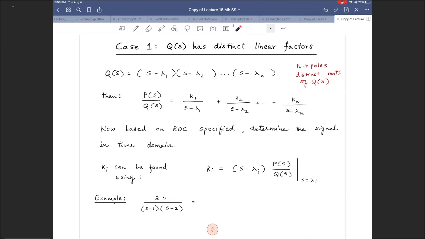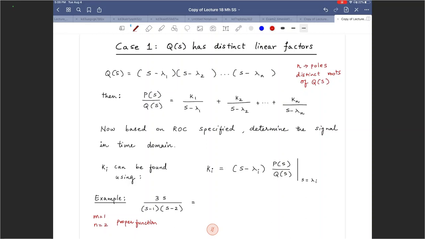We have 3s divided by s minus 1 times s minus 2. So it's a proper fraction because the order of the numerator polynomial is 1, the order of the denominator polynomial is 2. So let me write that down actually. So m is 1, n is 2, which means it is a proper fraction. So we don't need to do any polynomial division here.